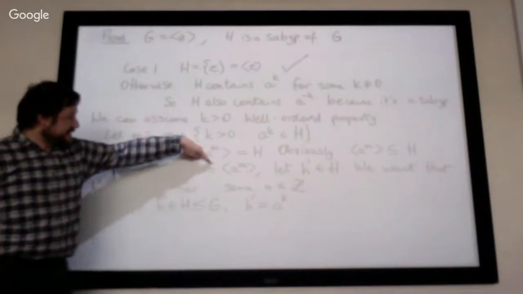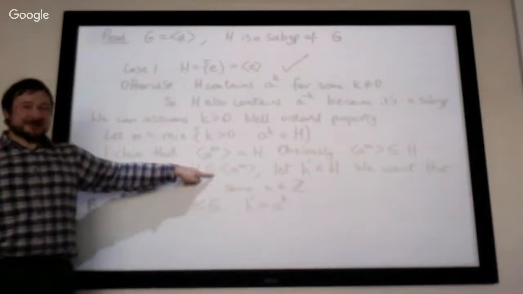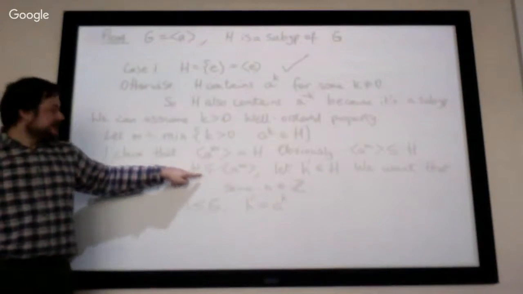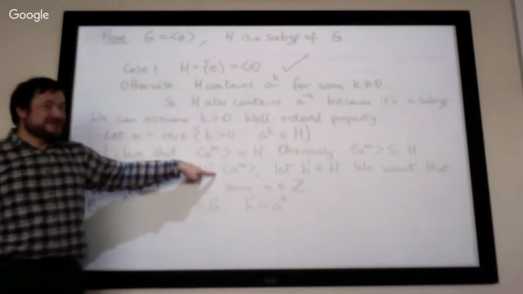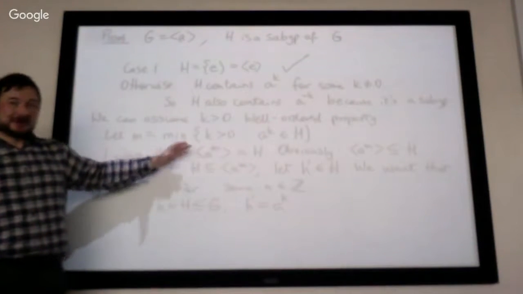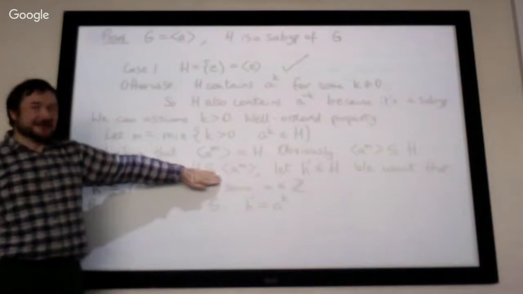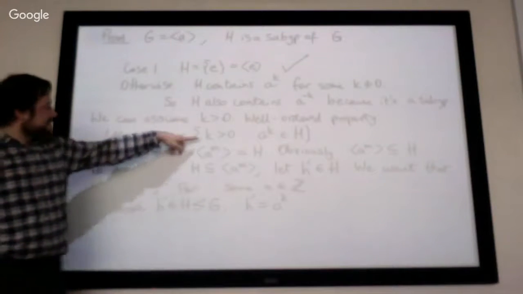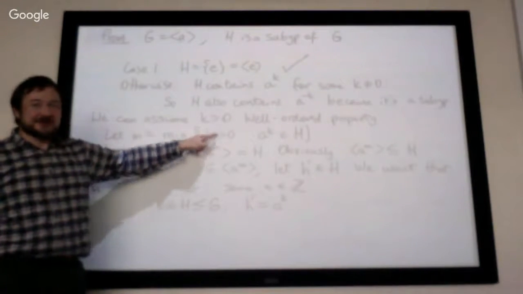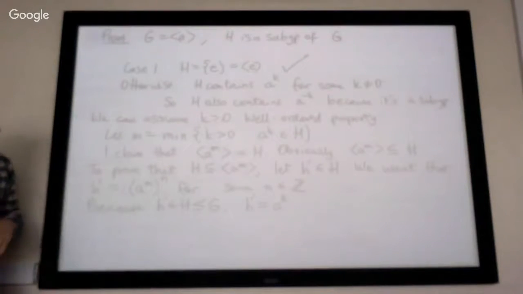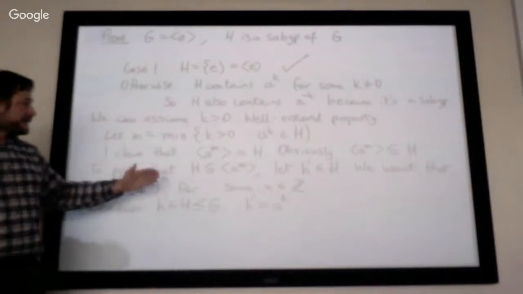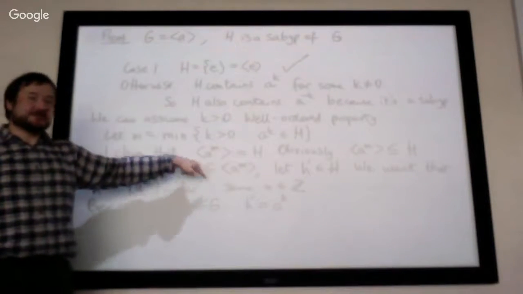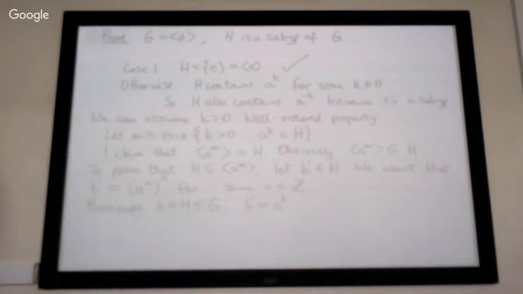Some people write just the C without the line for a subset, but I write it with the line, which means it can also be equal. If I don't write the line, then I mean it can't be equal. It's like greater than, and if the line is there, then it's greater than or equal to. So in the same manner, I use this for a subset which can be the whole set.